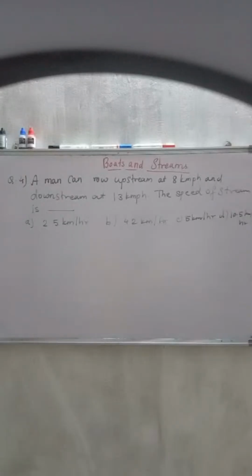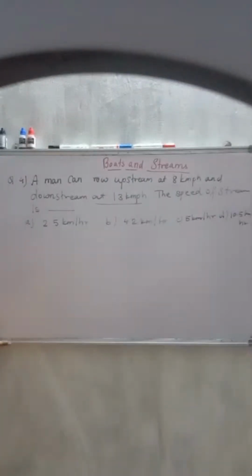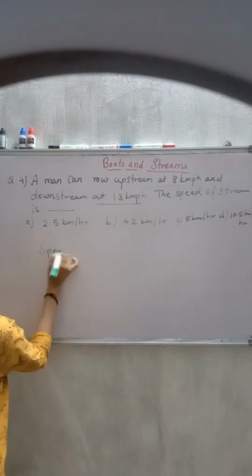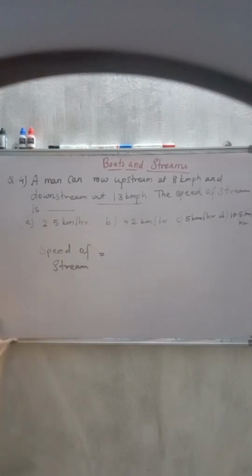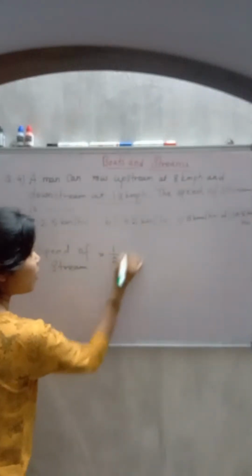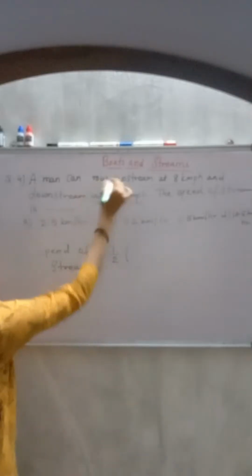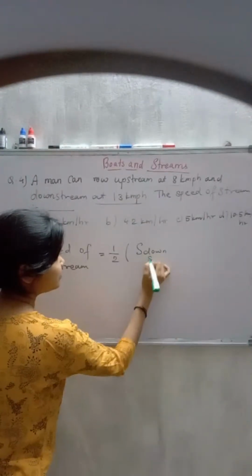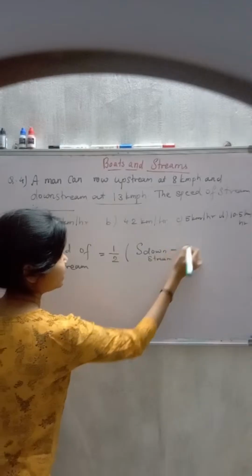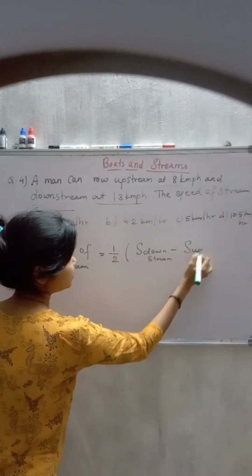So let's solve this. We have upstream 8, downstream 13, and we want the speed of stream. Speed of stream is always equal to half of difference of downstream and upstream. Speed downstream minus speed upstream.